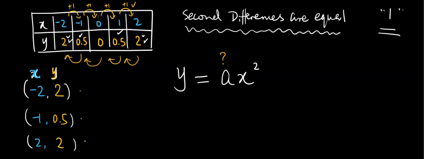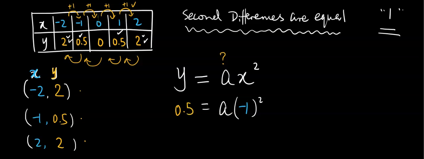I'm going to try when x is -1 and y will be 0.5. Find out what A is, okay? X is -1. I'm going to use the same color, -1 squared times A equals y, which is 0.5.